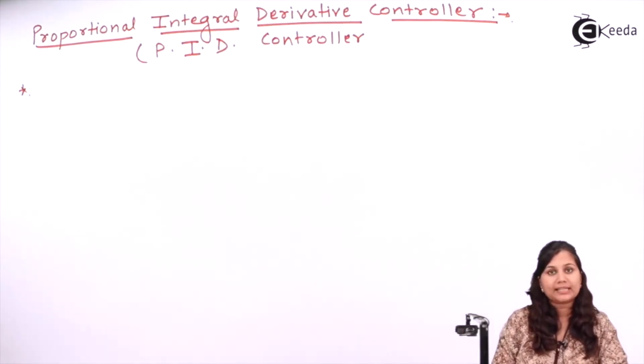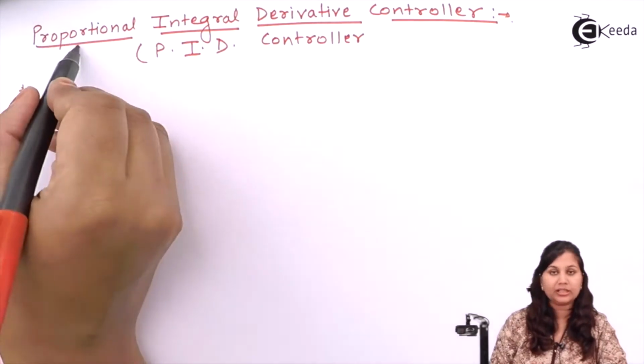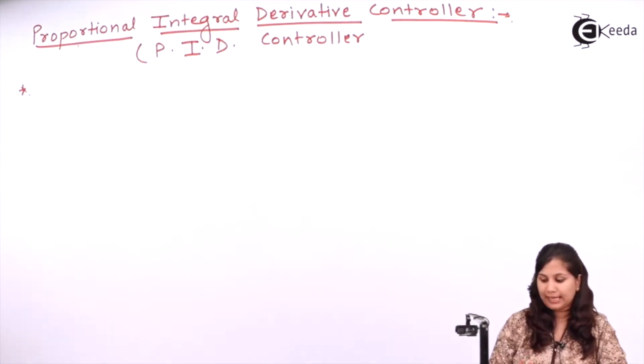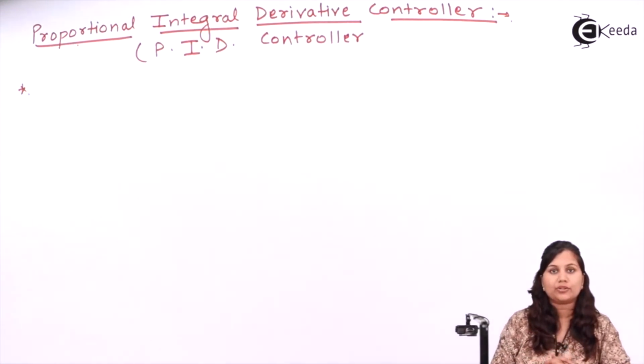So the actuating signal is the proportional error signal also. It is the integral of the error signal and the derivative of the error signal. So it is the combination of all the three types of signals.